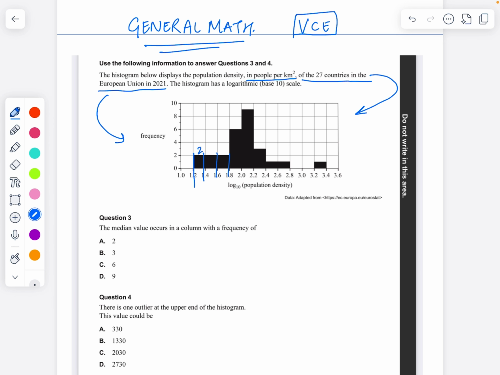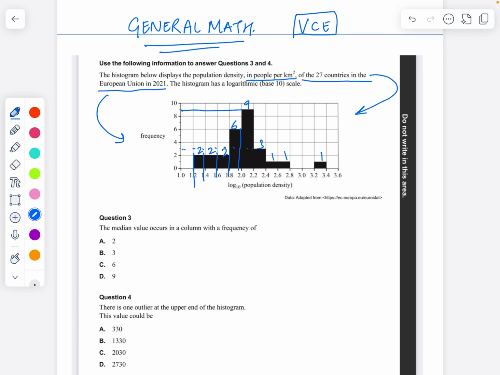We need to figure out the frequency of these columns. The frequency of the first column is 2, same with the second and third, then the fourth column has a frequency of 6. The fifth column has a frequency of 9, so you can see the bar is at 9. Then another has 3, then 1, 1 and 1.